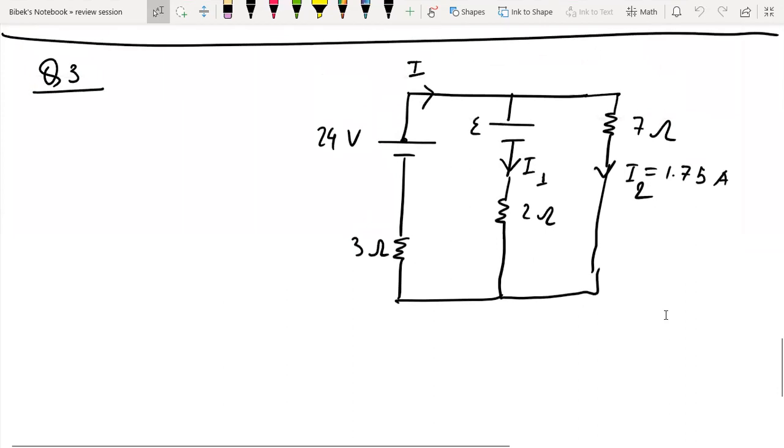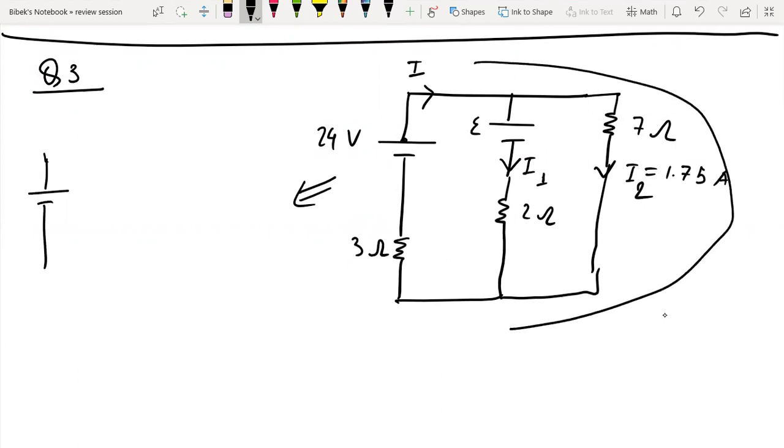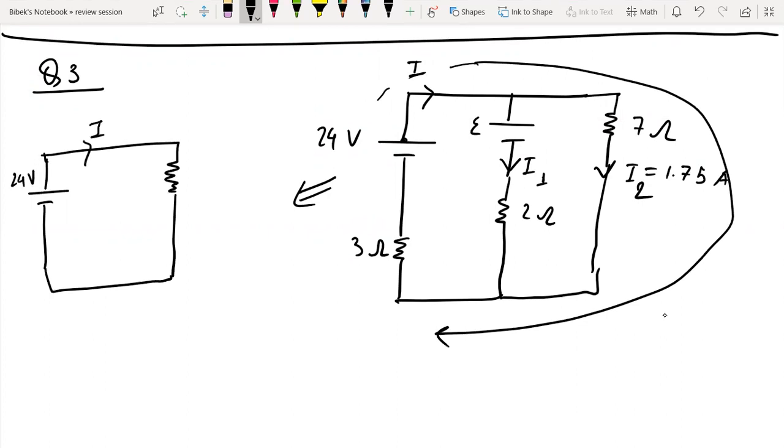So my first loop will be this one. From, you know, the outer loop, just the outer circuit. If you make only the outer circuit, then it will be something like this. It's 24 volt I, and you have an I here, and you have a 1.75 ampere here, 7 ohm.